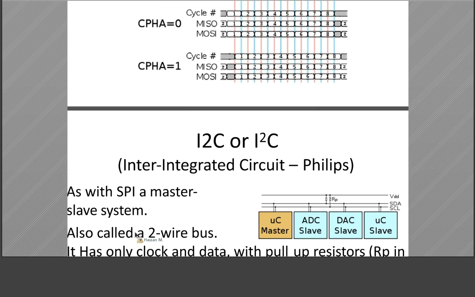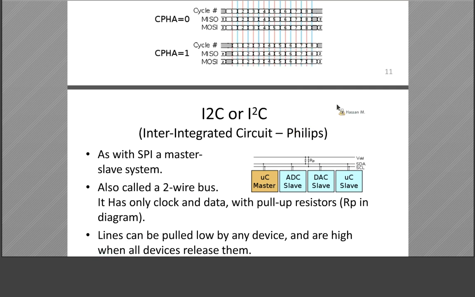That's right. The third one: we said about UART, then we said about SPI, and here I2C, inter-IC communication, or TWI. What was TWI? Another name of I2C.